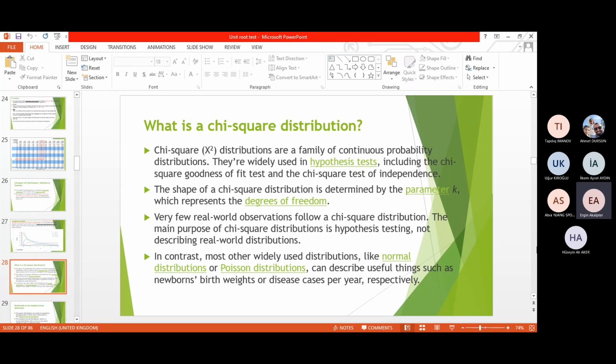Very few real-world observations follow the chi-square distribution. The main purpose of the chi-square distributions is hypothesis testing, not describing real-world distributions, unfortunately. In contrast, most other widely used distributions like the normal distribution or the Poisson distribution can describe useful things such as newborns' birth weight, or disease cases per year, respectively.